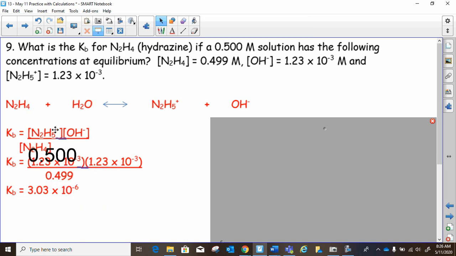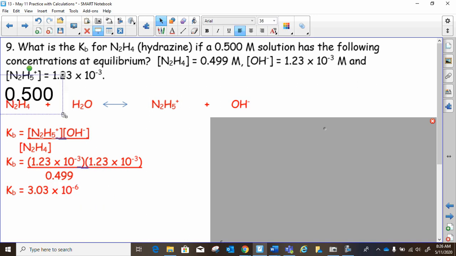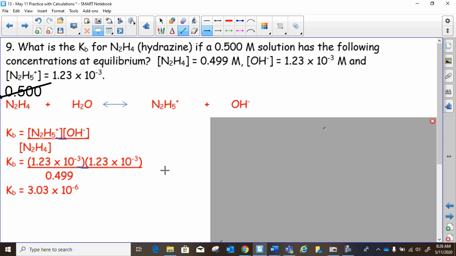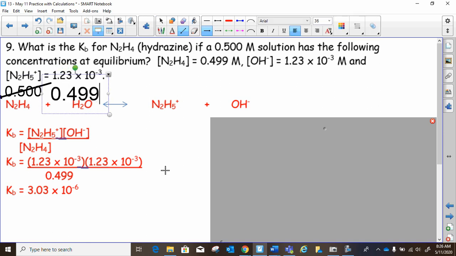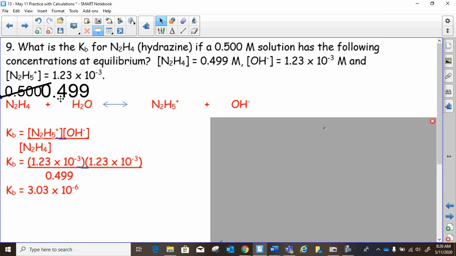Okay, that's where it started, but that's not what you have over here or here because some of that 0.5 is broken down. So it's no longer 0.5, but rather 0.499 because at equilibrium, it has lost about 0.001. And that's where we're getting those numbers. And remember, Kb has no units.